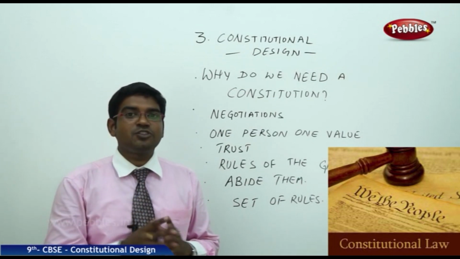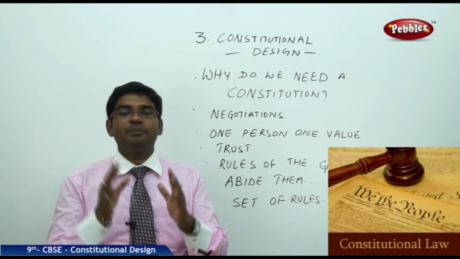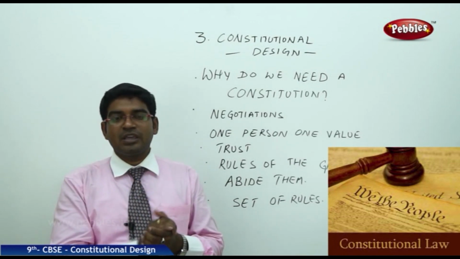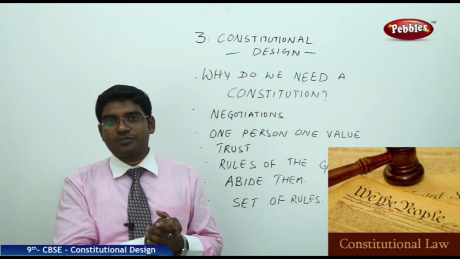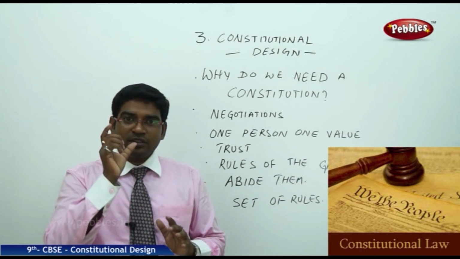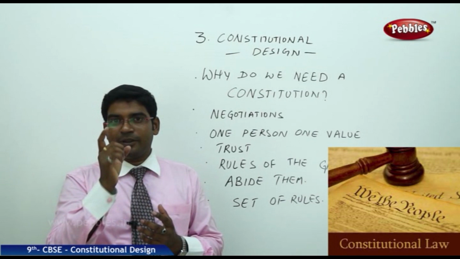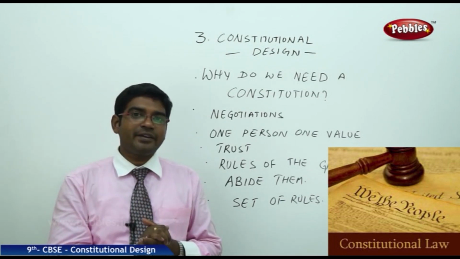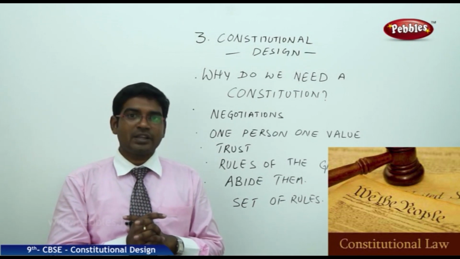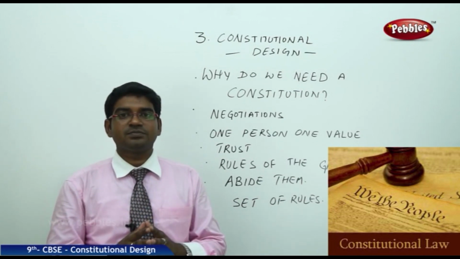And this also should make sure that all people follow the rules of the constitution and abide by them. So that is why we need a constitution, the book of rules in place, and it is mandatory for all the people to follow the rules in the book of the constitution.